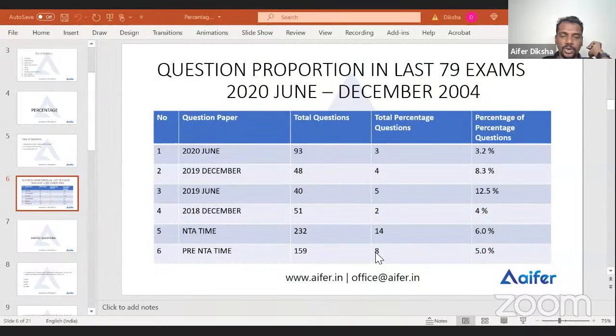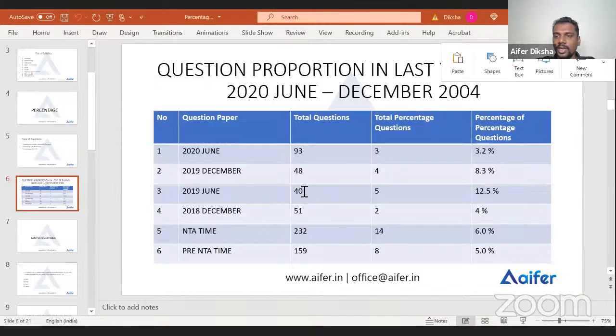First of all, I will show you the questions from percentage. This is the number of questions being asked from the percentage topic. In 2020 June, out of the 93 questions, I'm considering different shifts, we have 20 plus shifts of paper one, that's why there are 93 questions.